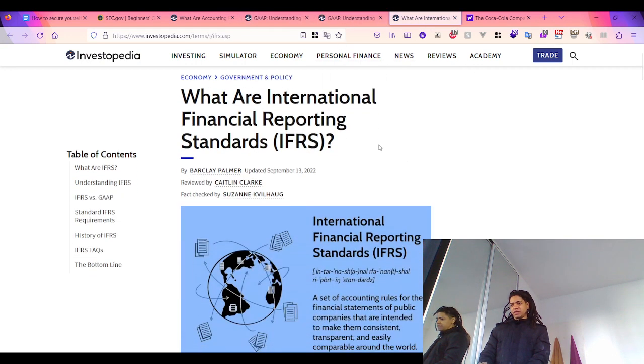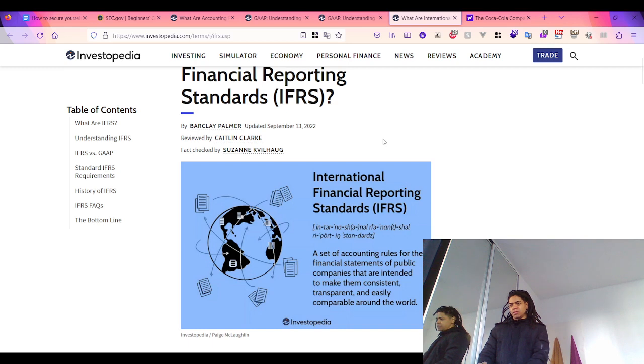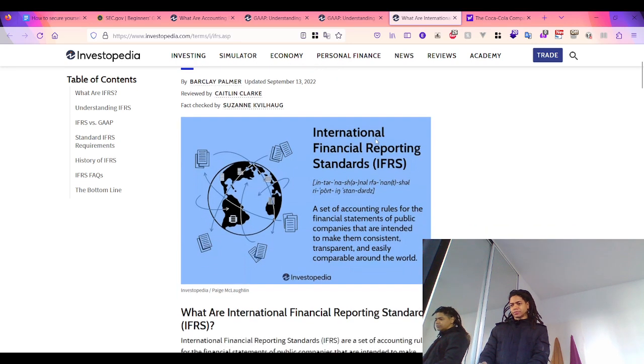What are International Financial Reporting Standards? A set of accounting rules for the financial statements of public companies that are intended to make them consistent, transparent, and easily compared around the world.